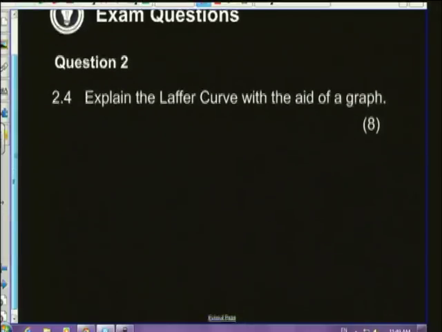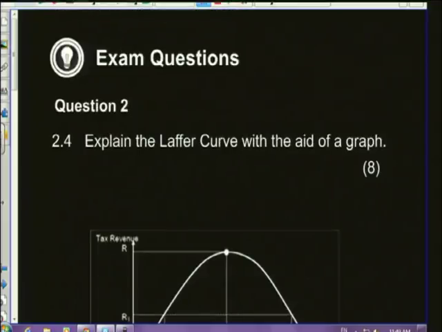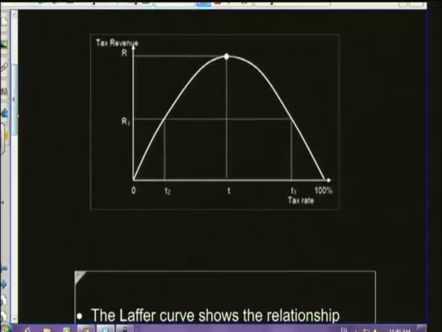Question 2.4. Explain the Laffer curve with the aid of a graph. What we see on this graph is, on the vertical axis, tax revenue. On the horizontal axis we see the tax rate.